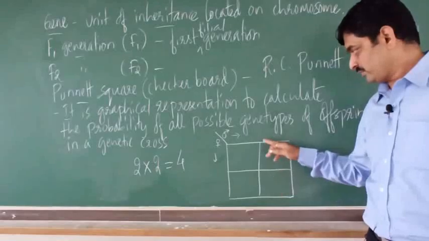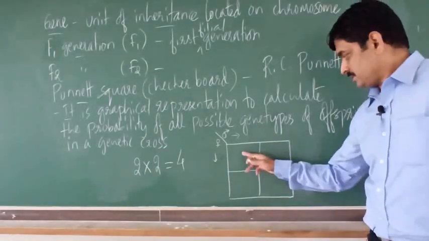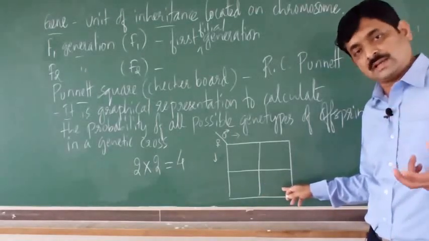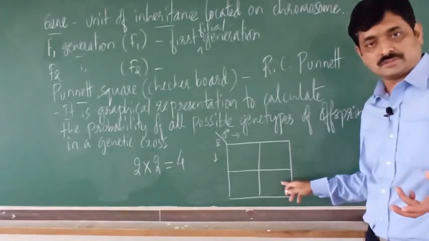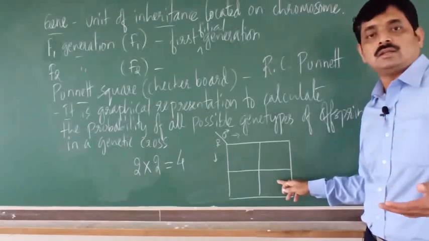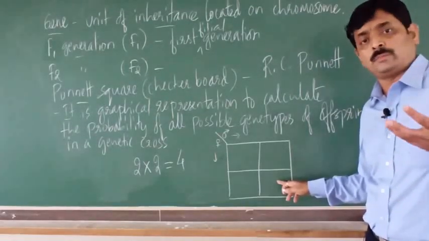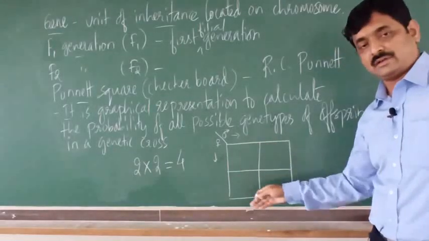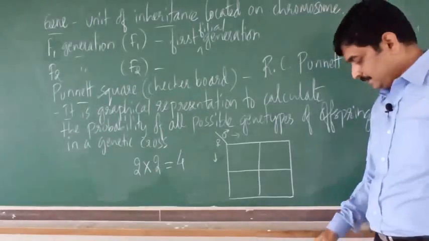When you fuse 2 male gametes with 2 female gametes, you get 4 offspring with 4 genotypes, and to write that we make 4 boxes. These boxes represent the genotypes of offspring obtained in a genetic cross. This type of square is called a Punnett square.